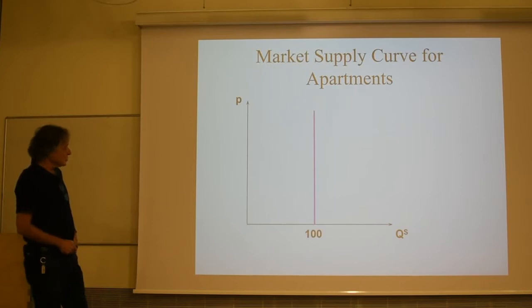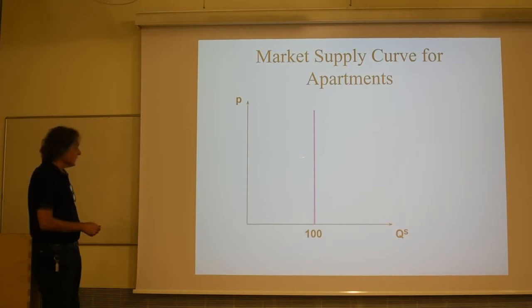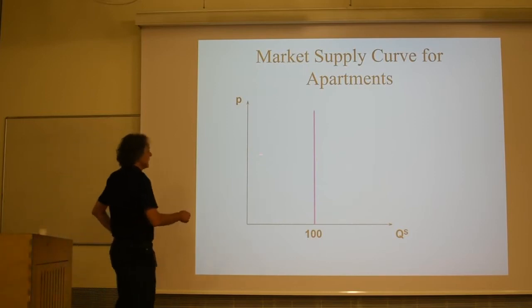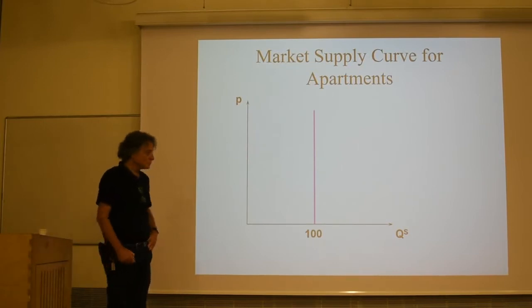So this looks like a vertical line. What does it mean? Look again from the P. At this price, what is the maximum amount that you can get? 100. At this price, 100. At this price, 100. So the supply is, for every price, the total supply at each price.